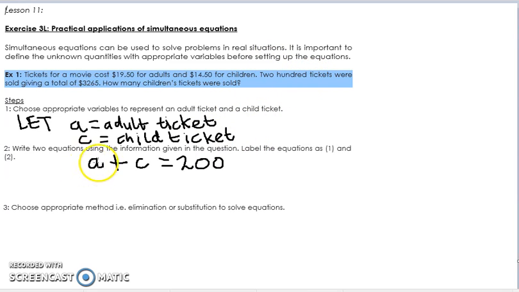I don't know how many adult tickets were sold, and I don't know how many children tickets were sold. But I do know that when we add these two together, we will get 200 based on this statement here. Okay? So that one here is our first equation.